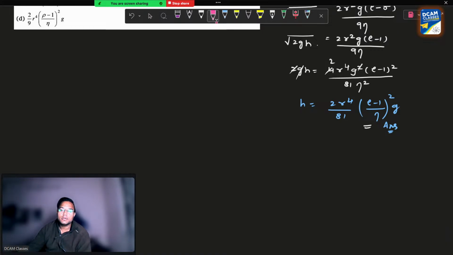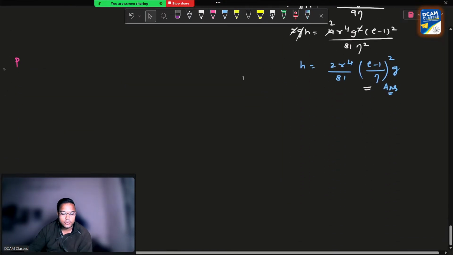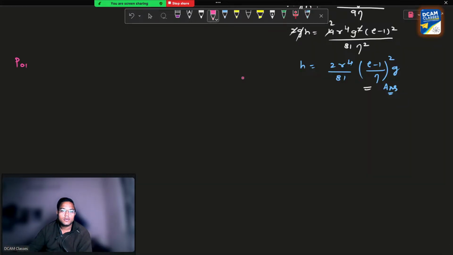Now let me tell you about the next concept. This terminal velocity, viscosity and all you have learned. Now I'll tell you one different concept whose derivation is not there in your syllabus. It's not there in JEE Main, JEE Advanced also. But the concept is there.